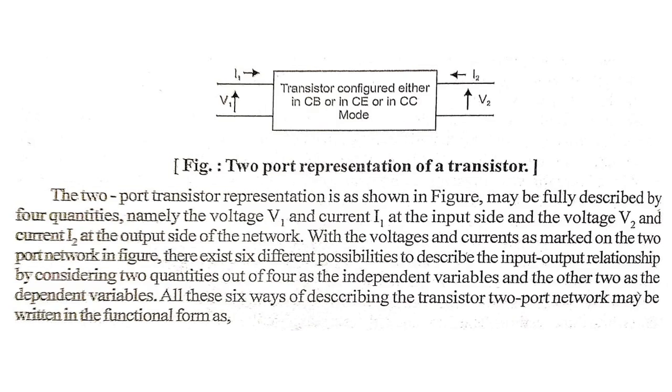This is one port and this is another port of the network. So a two-port network is like this. The common terminal here can be the emitter, base or collector.